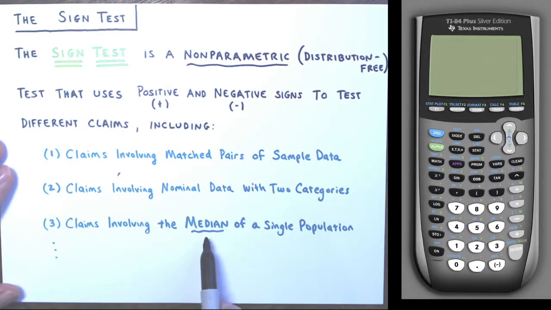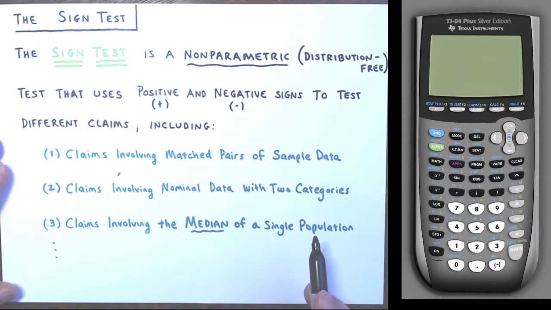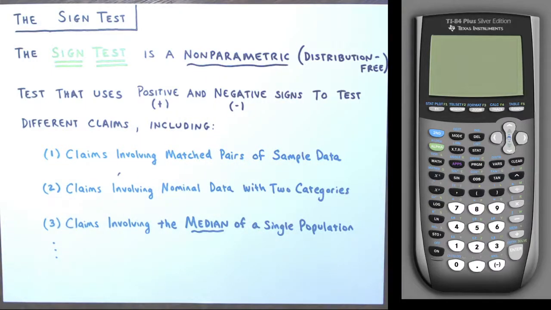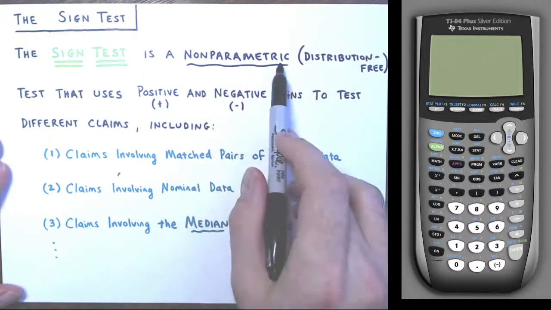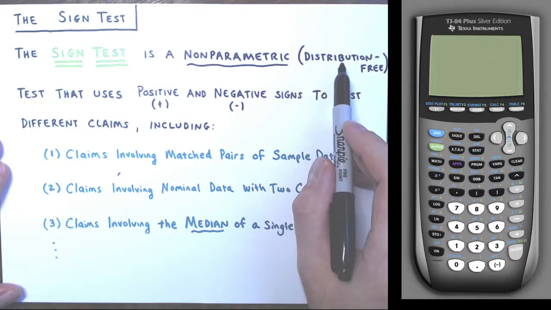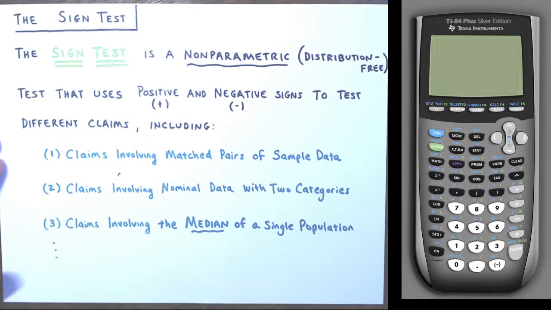Now, I know what you might be thinking: the median of a population, isn't that a parameter? And you are correct in thinking that. Remember, a parameter is a number that describes some aspect of a population. So the word non-parametric can be kind of misleading. It's just the standard name for these kinds of tests where you don't have to assume that any particular distribution is involved. You don't assume that the population is normal or binomial or whatever.